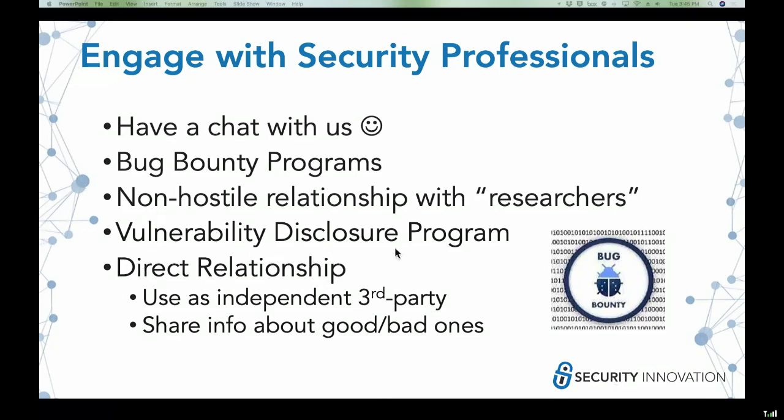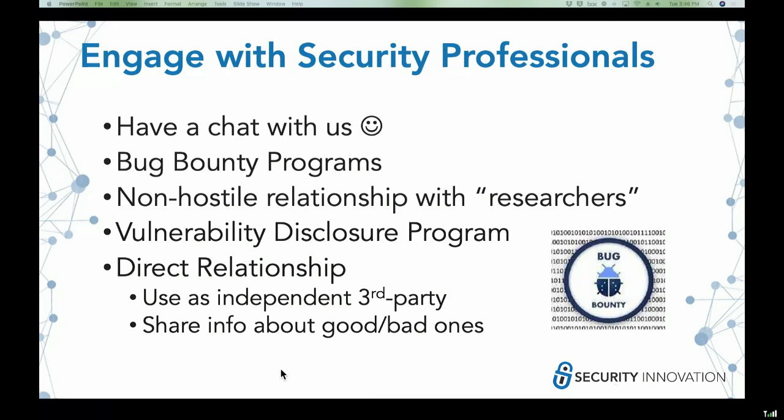Fourth is a vulnerability disclosure program. This is really documentation to support numbers two and three on this list. It's public documentation of how to report a vulnerability in one of your systems that becomes discoverable, either accidentally or intentionally.